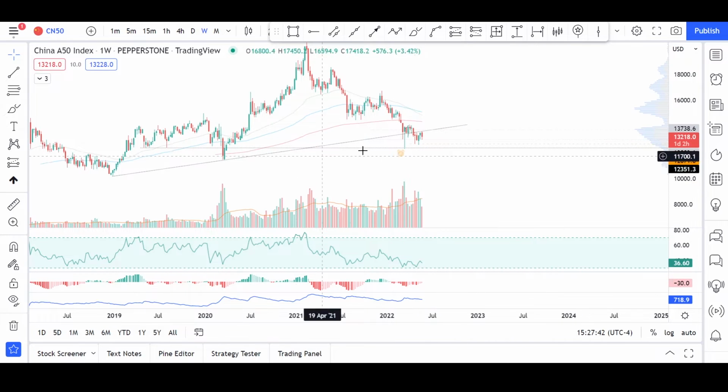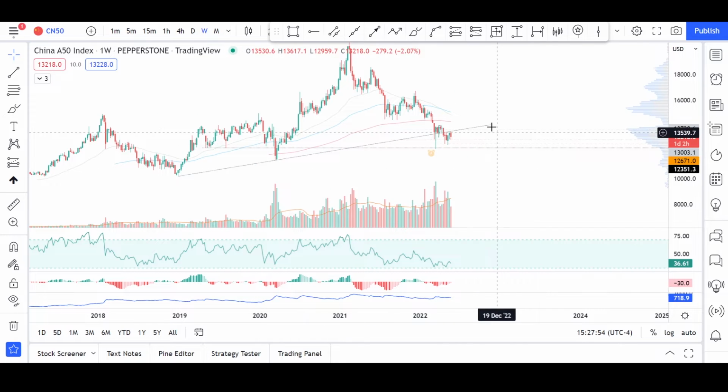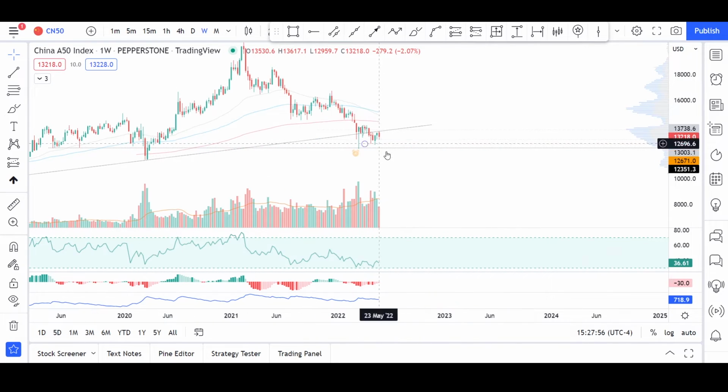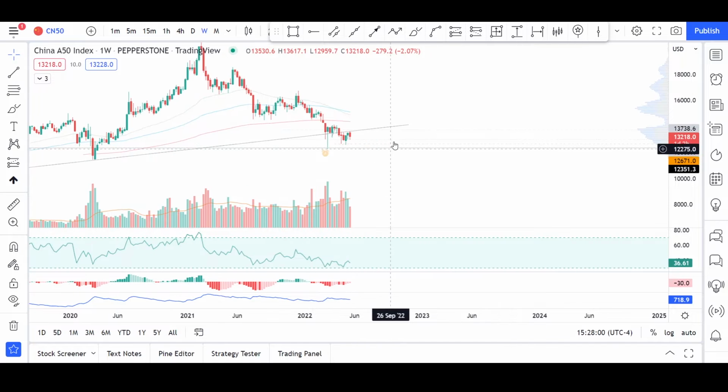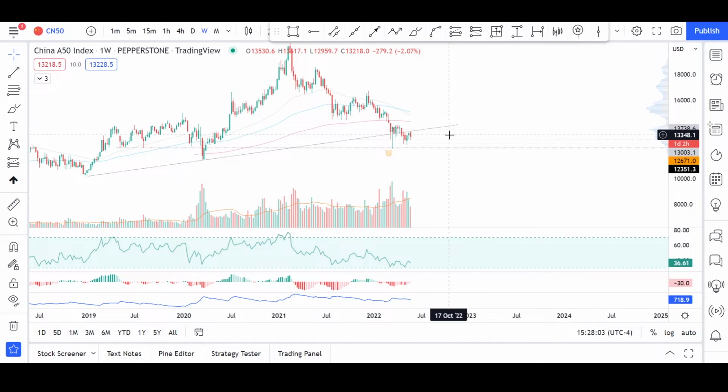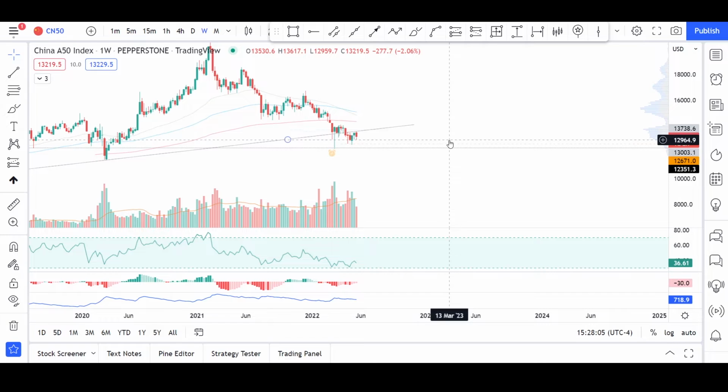We have crossed from the upside this trend line that was set at the end of 2018, and I would find the chance still to get through this, but without anything good from the economic data standpoint, we should still consolidate around this 12,000 and 13,000 area.